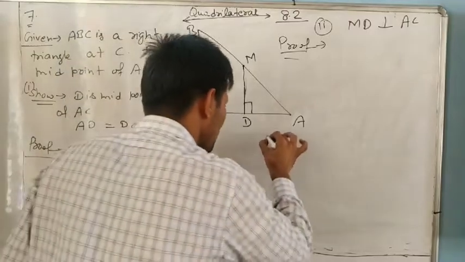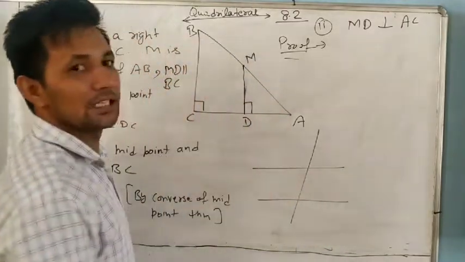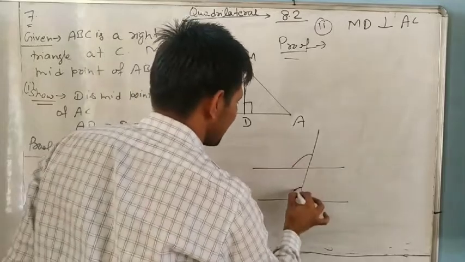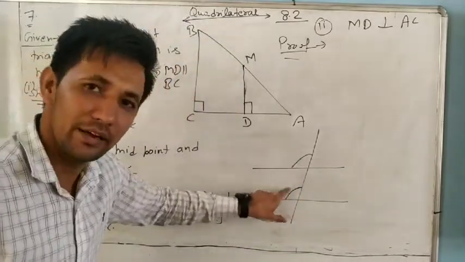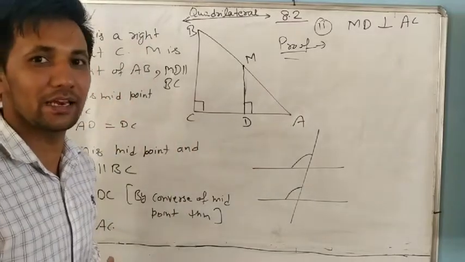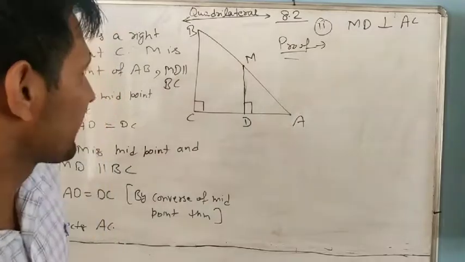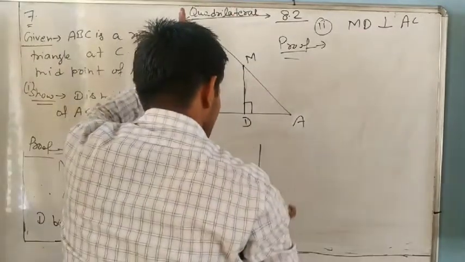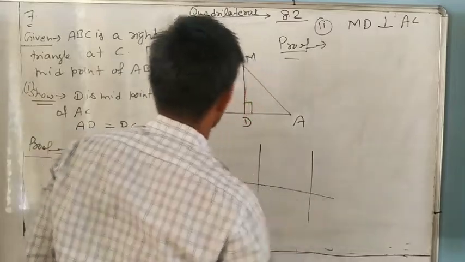Why? Because if two lines are parallel and cut by a transversal line, this angle and this angle are corresponding angles, and corresponding angles are always equal. Here BC is parallel to MD and CD is a transversal line.